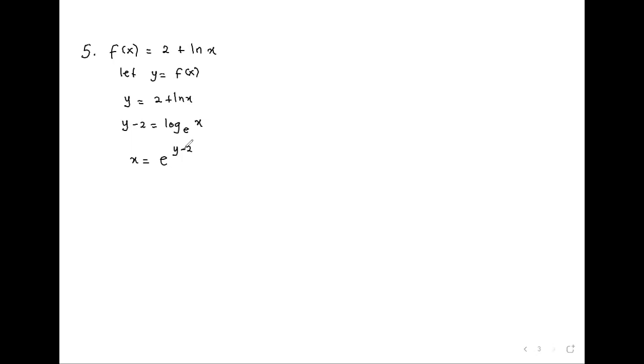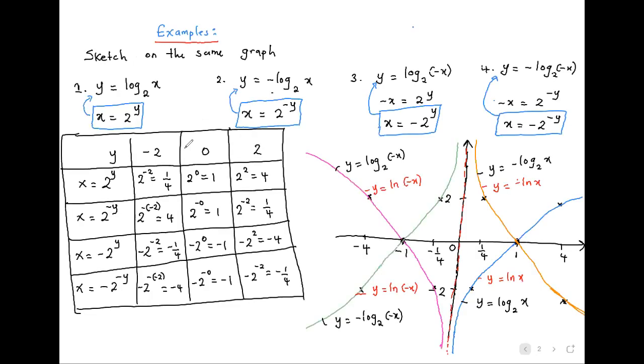Now we already know the family of this, the family of e to the power y, is the first curve here, the one in blue, which is y is equal to ln x. That is the family.